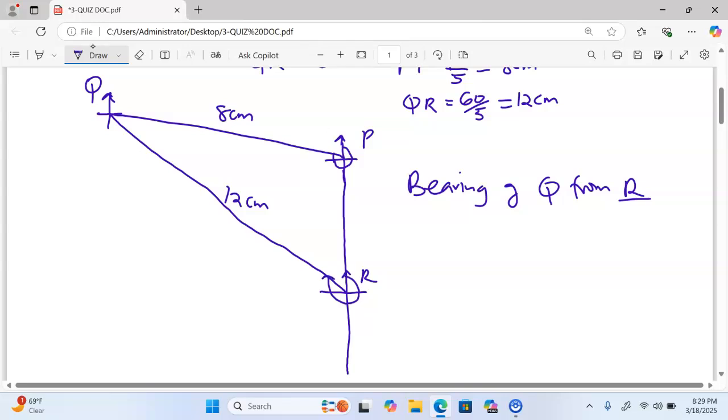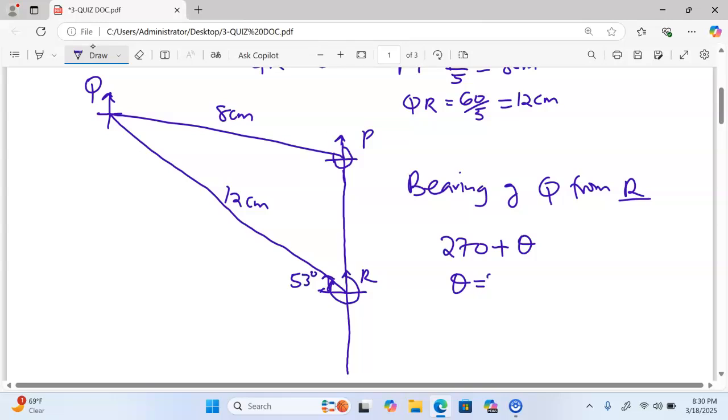Remember, we have 90, 90, 90. That is going to be 270 plus the angle theta. In this case, for us to get the theta, we are going to measure from 90 to this line. And when you use your protractor, you get approximately 53 degrees.